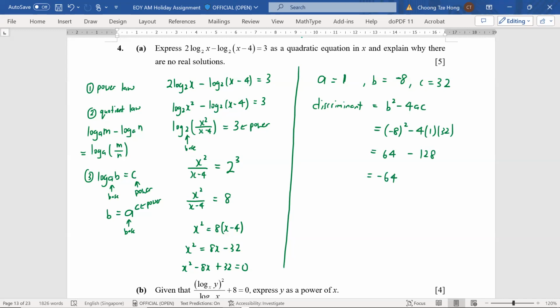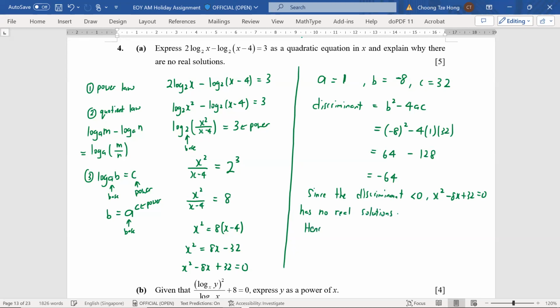So indeed, the discriminant is negative. Then we can conclude that since the discriminant is less than 0, x squared minus 8x plus 32 equals 0 has no real solution.